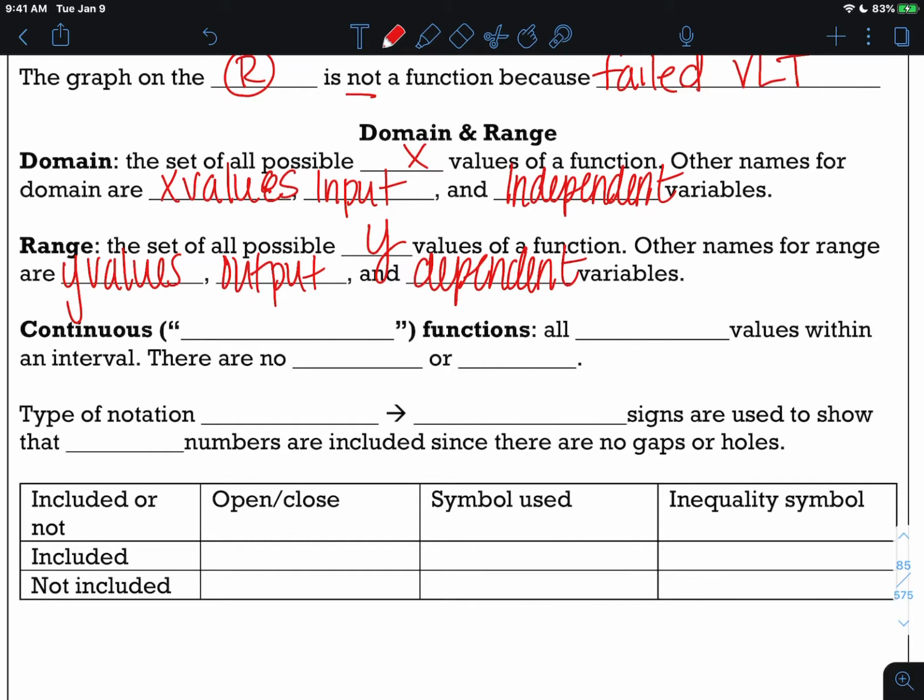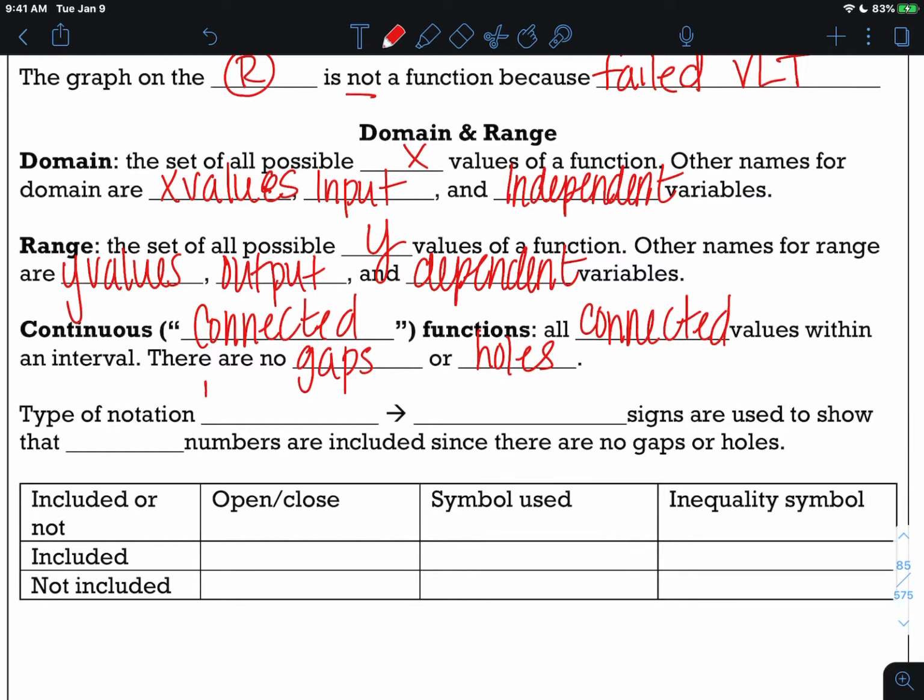Last time we talked about discrete functions, which meant just a bunch of random points, okay? But continuous means connected, meaning all those points are connected by some form of a line, a curve, something. So continuous functions have all connected values within an interval, so there are no gaps or holes.